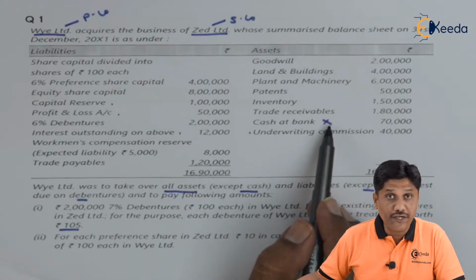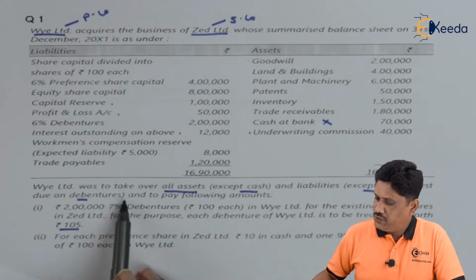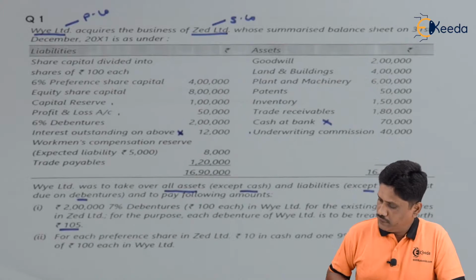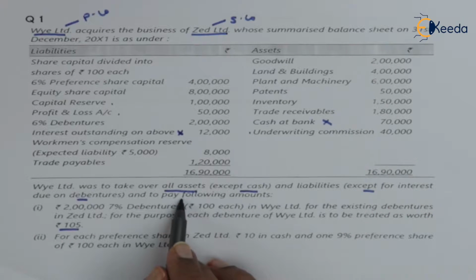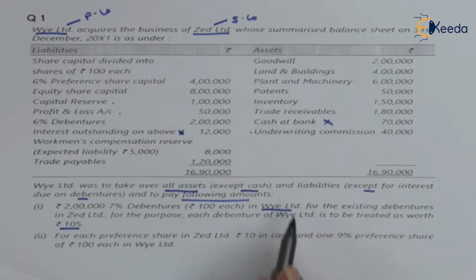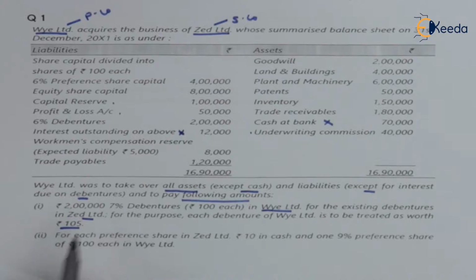Y Limited was to take over all assets except cash. So cash is not taken over. And liabilities except interest due on debentures. So interest due on debenture is also not taken over. And to pay the following amount. So what they will pay to us is provided to you. Rupees 2 lakhs 7% debentures of rupees 100 each in Y Limited for the existing debentures of Z Limited.